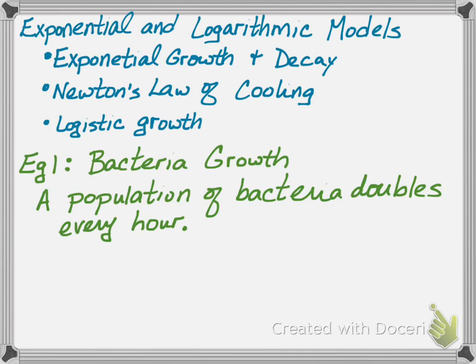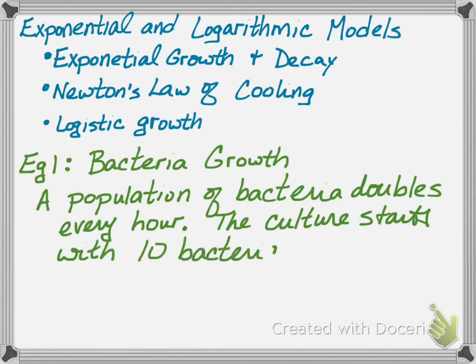But let's say that we start with a culture having 10 bacteria in it. So at time 0, we have 10 bacteria. What would be the function to describe this population of bacteria?